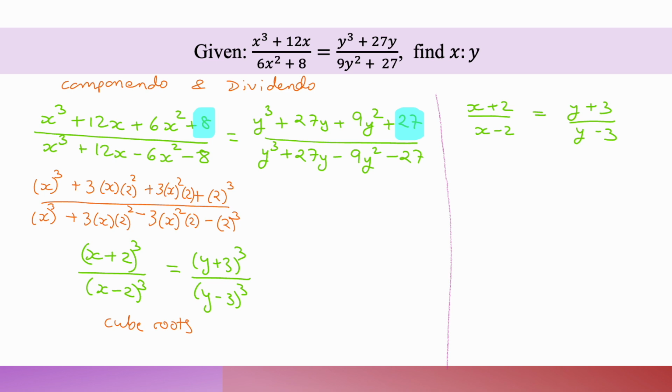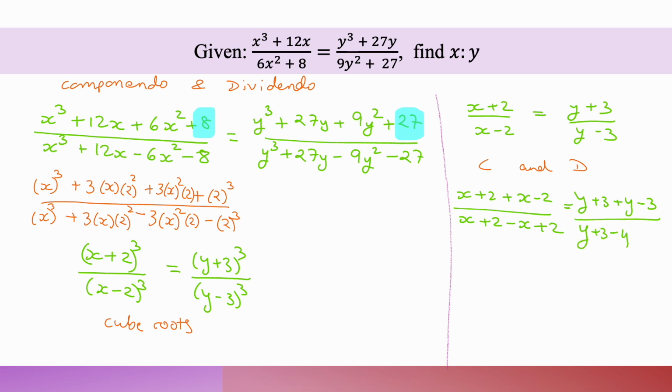Now again applying the property componendo and dividendo, we get (x plus 2 plus x minus 2) upon (x plus 2 minus x plus 2) equals (y plus 3 plus y minus 3) upon (y plus 3 minus y plus 3).